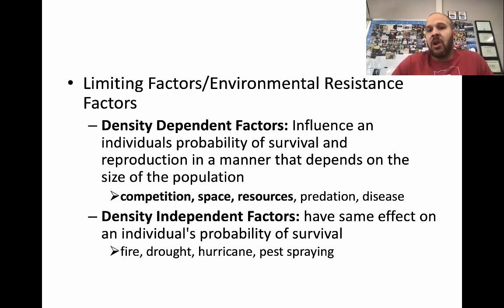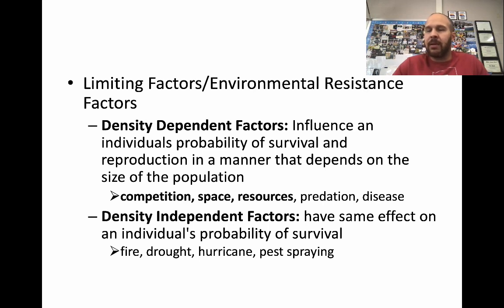So these are non-weather related things that would directly affect the amount of species that can exist. Whereas a drought and a hurricane and a fire, those are random events. Those are things that aren't always there. They just happen randomly. So that's how you can tell.